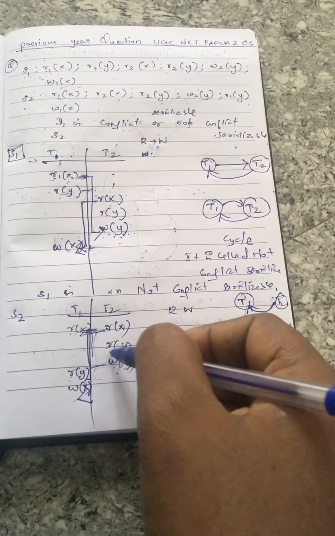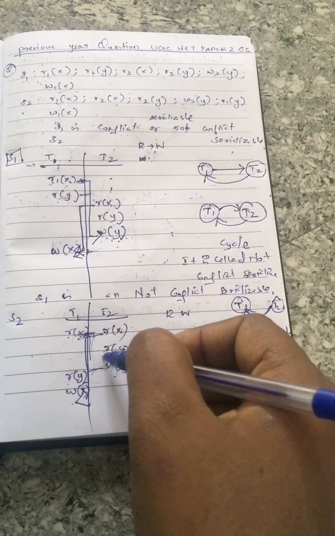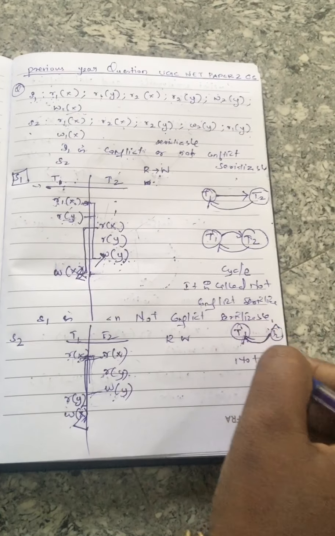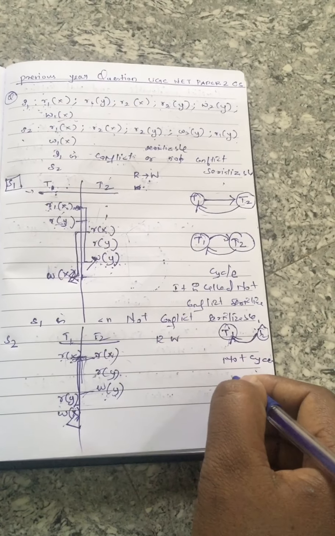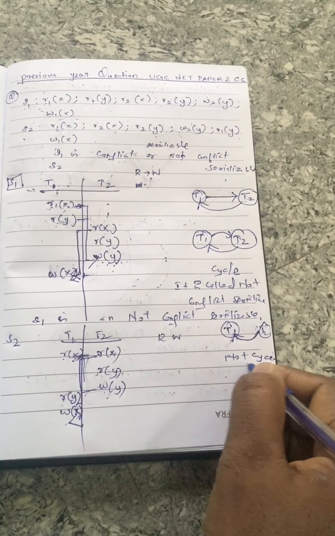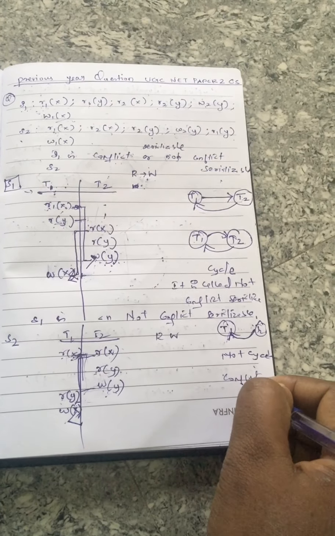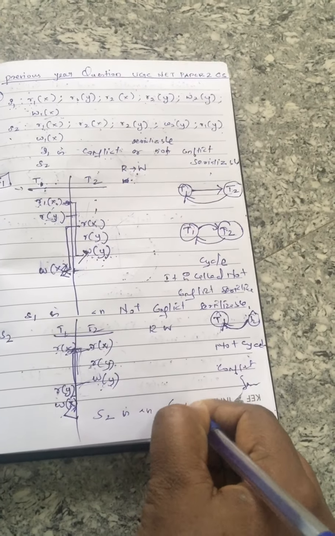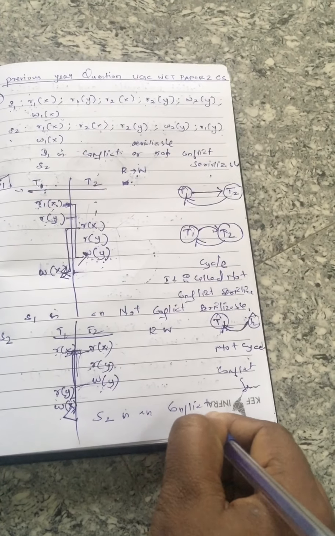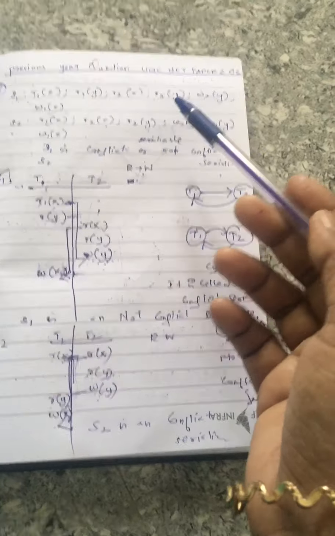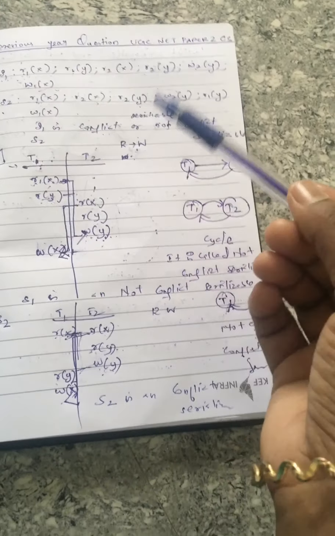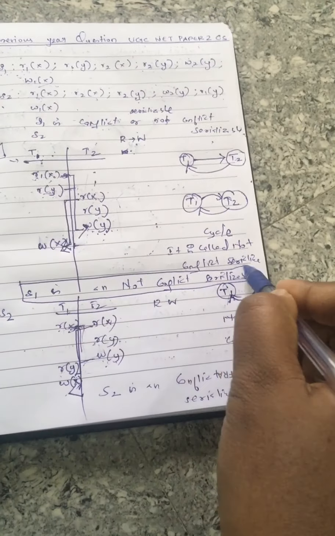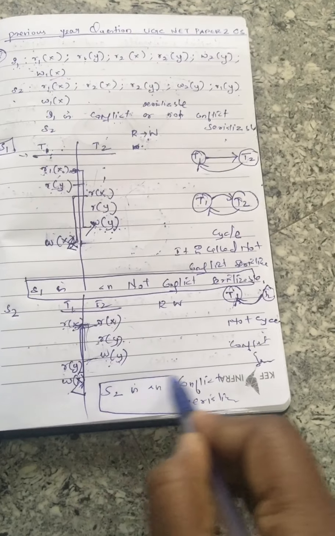So this is not a cycle, and not a cycle means conflict serializable. So S2 is conflict serializable. In this question, the answer is S1 is not conflict serializable and S2 is conflict serializable.